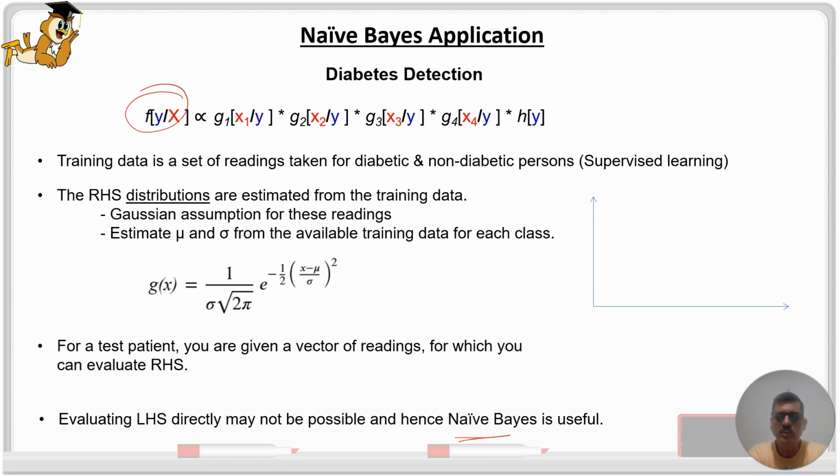It is because of situations like these, where you can make the Gaussian assumption on your RHS variables, and that allows you to simply compute mu and sigma from your finite number of training examples, allows you to compute this curve, and then merrily go about using this curve for any test data that you run into. Okay, so this is how naive Bayes comes in handy.